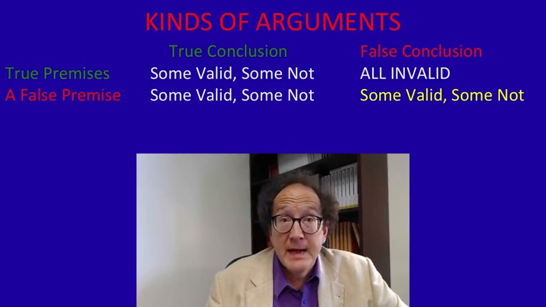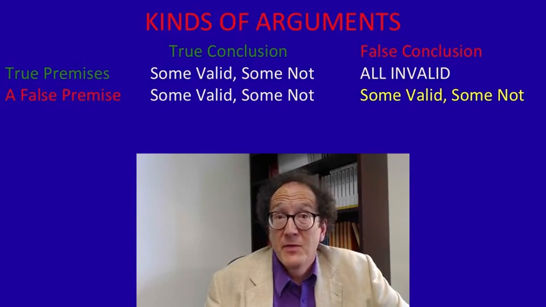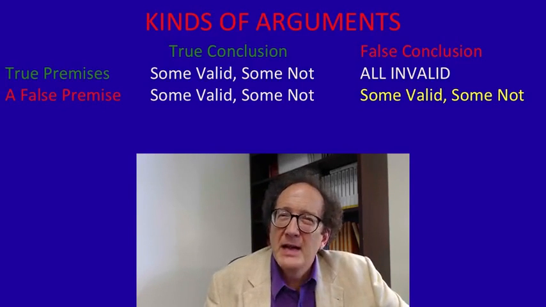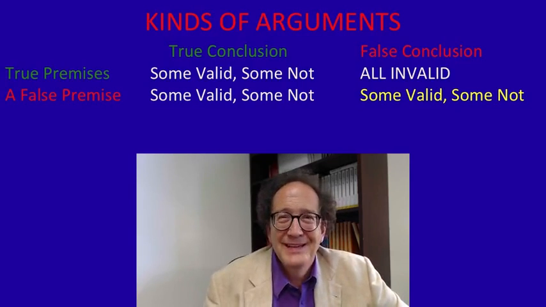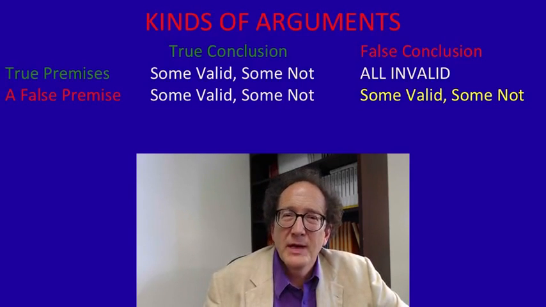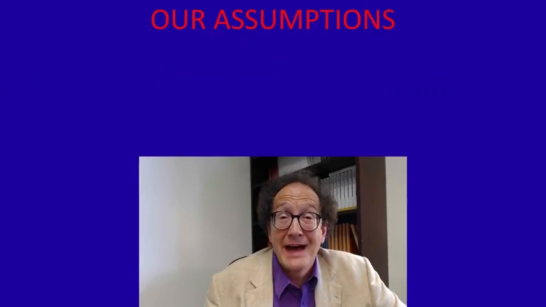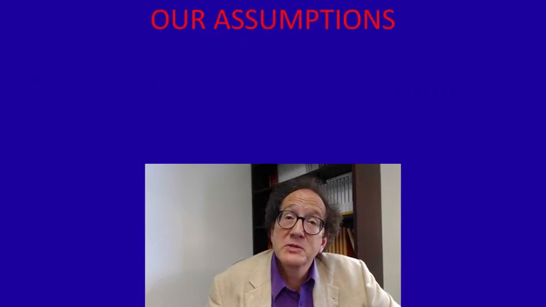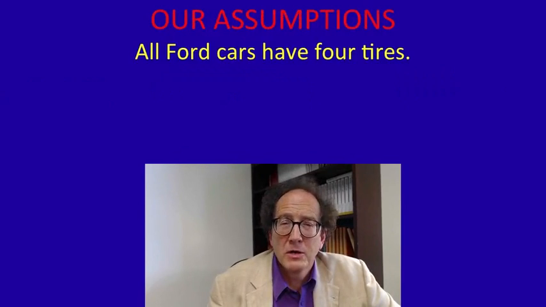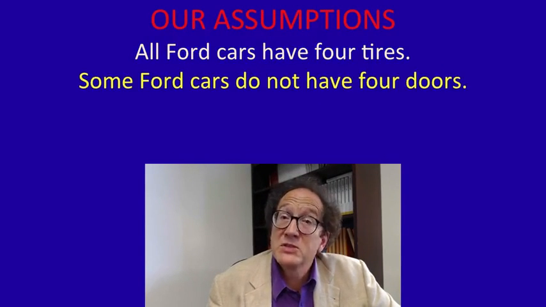It's hard to give examples with true premises and false conclusion or any of these other combinations when the truth is controversial. So we're going to have a really simple example, and we're going to start just by stipulating what the facts are. We're going to assume that all Ford cars have 4 tires. But some Ford cars do not have 4 doors.